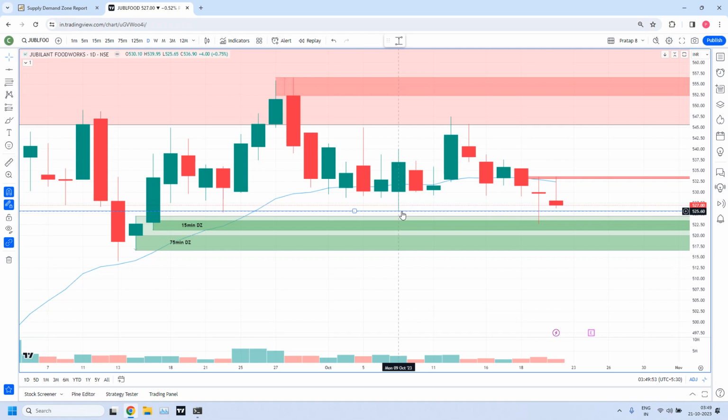But assume for any particular stock you have observed the entry buffer. If your risk management is permitting, if the risk is within your manageable level, then you can take an entry just before entering into the zone.